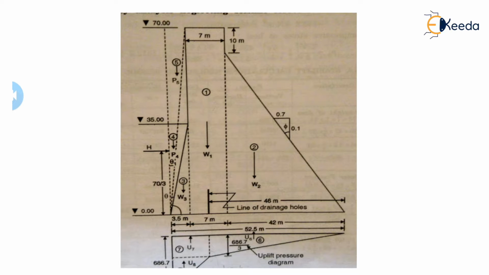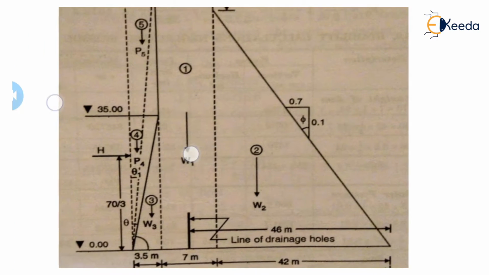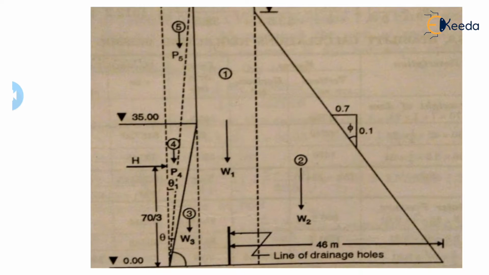So you can see here the P5 and P4 forces will be shown here. This is the resolved vertical force acting due to the water pressure, and the simple capital H is the force exerted on this dotted line. This is your resolved horizontal water pressure.